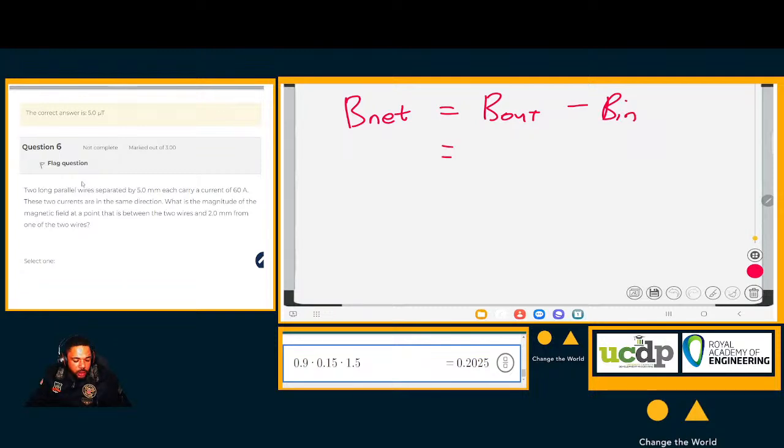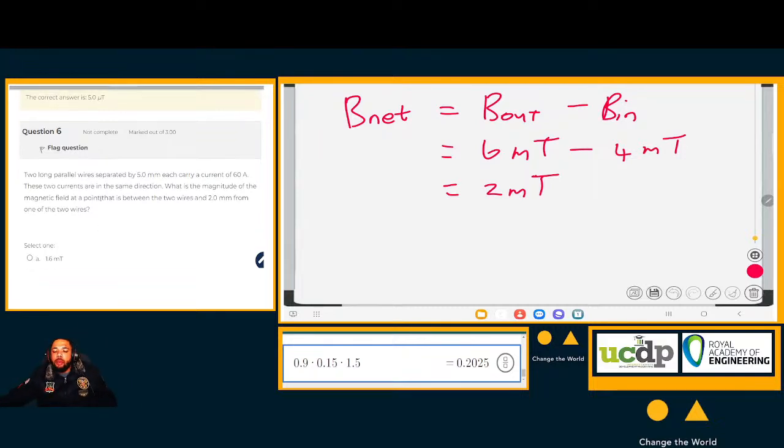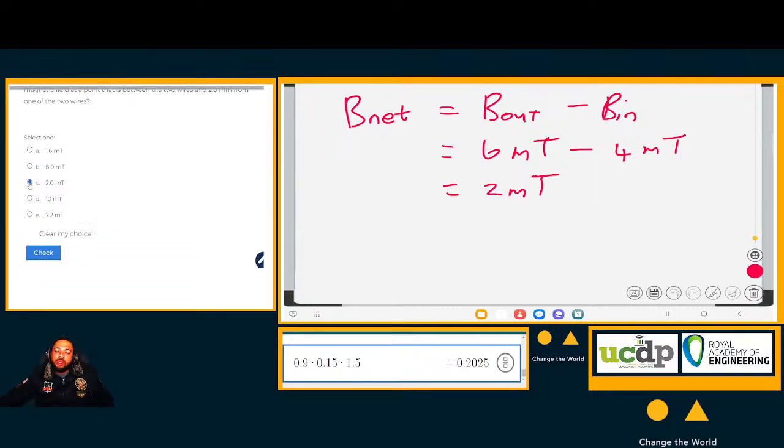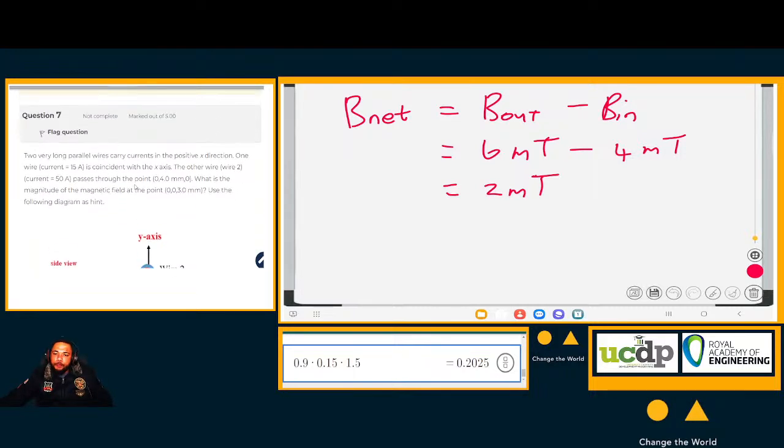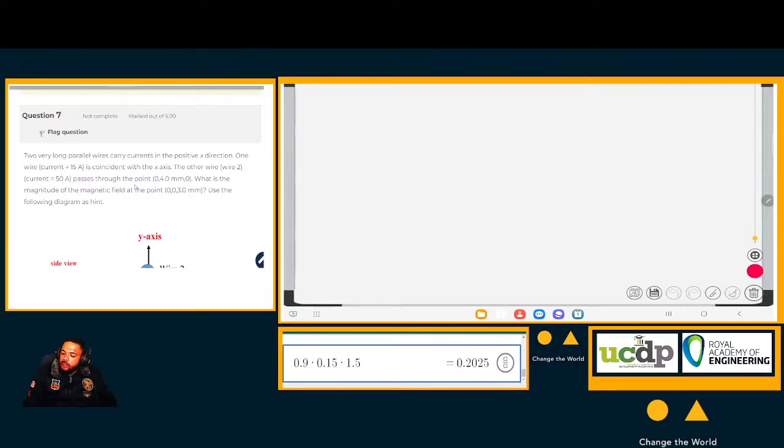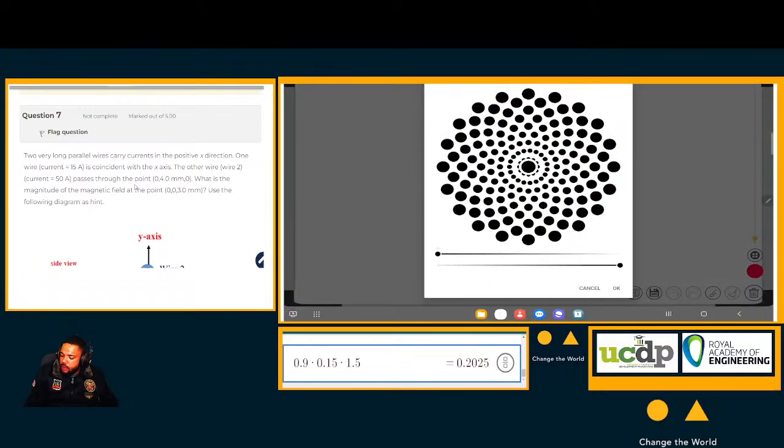Now B out of the page is equal to 6 millitesla, and B into the page is equal to 4 millitesla, and that is just 2 millitesla. So it's 2 millitesla out of the page, or upwards. Let's check. And yes, we are correct. Let's erase, switch back to black.